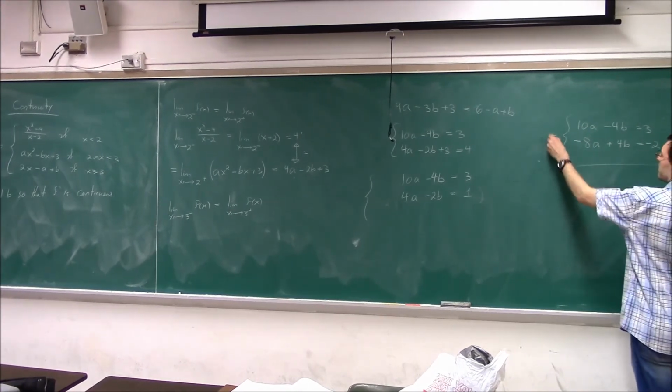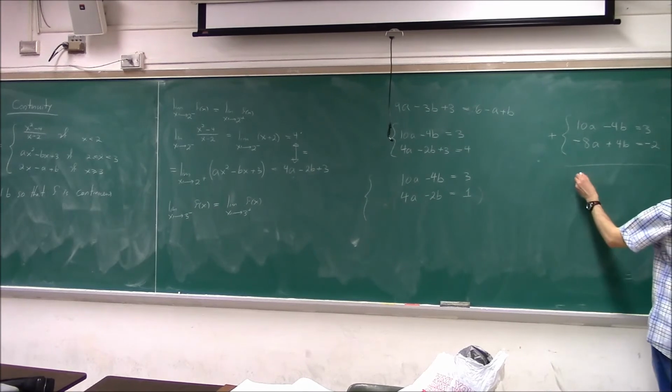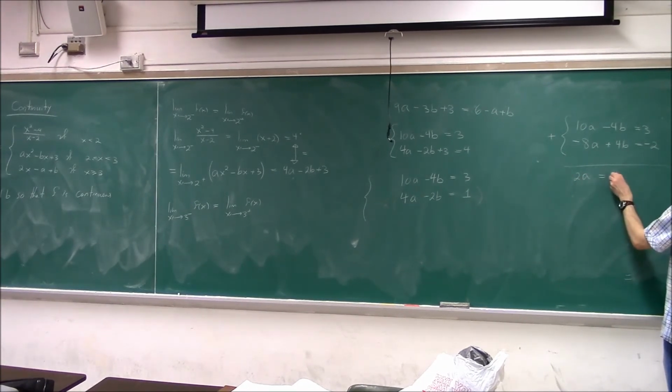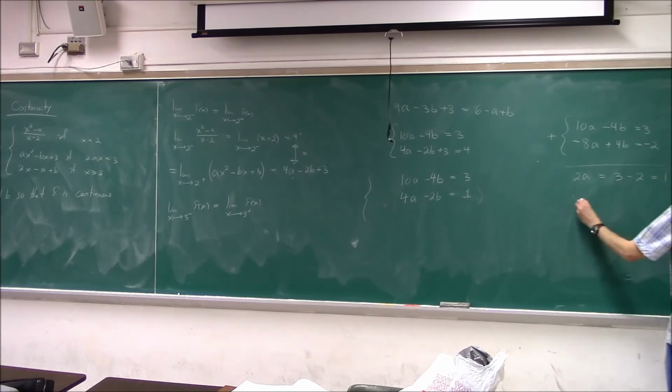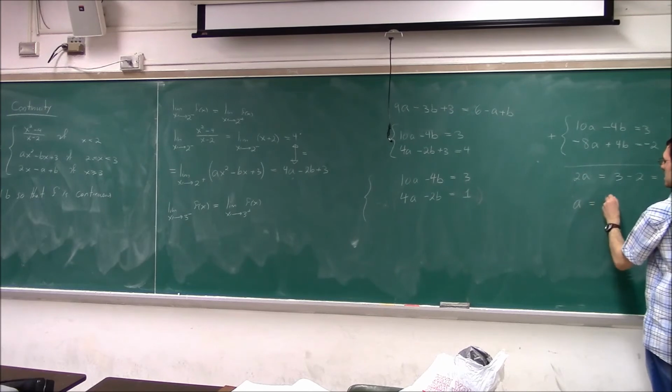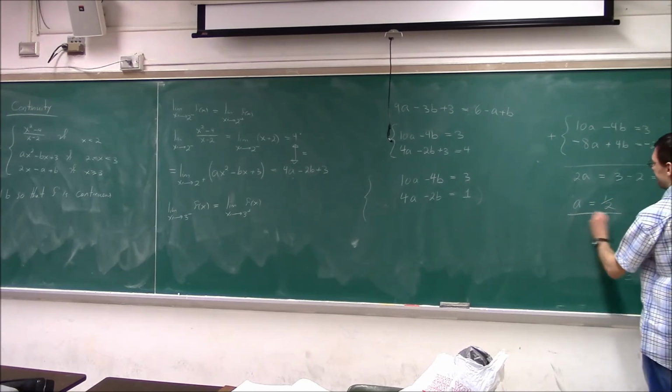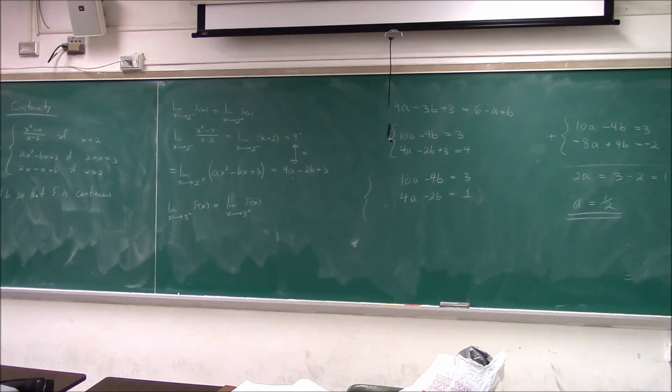Now when we add it up, we just get 2a is equal to 3 minus 2, which is 1. So a seems to be 1/2. Now once we know a, it's very easy to obtain b.